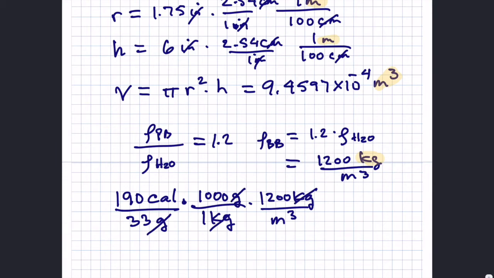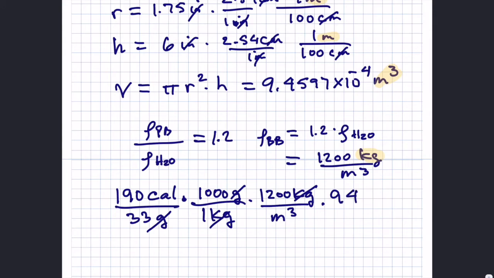The grams cancel, the kilograms cancel. I now need to get rid of this meters cubed, so I need to multiply by the volume, which I know is 9.4597 times 10 to the minus fourth meters cubed. What I'm left with is the total calories, which I call TC.